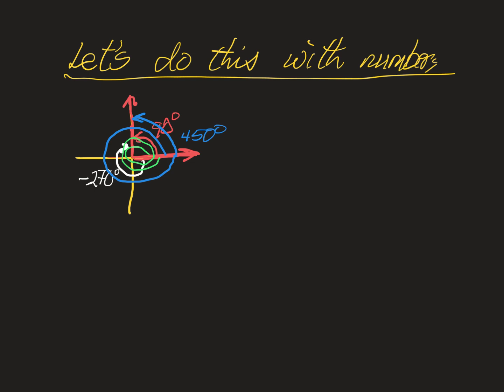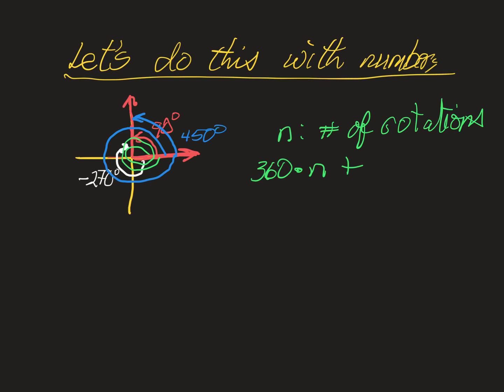So what that means is if we let n equal the number of rotations in the positive direction, then this angle will be 360 times n plus whatever the measure of the angle is.